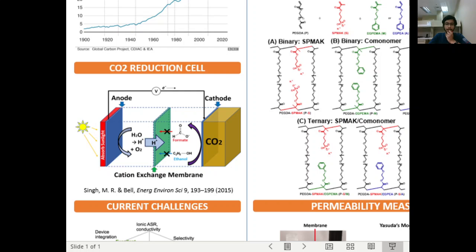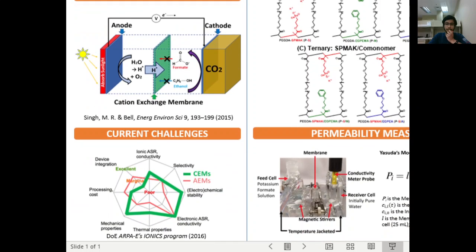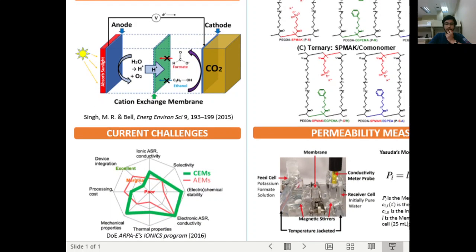CO2 into valuable chemicals. But unfortunately, the membrane suffers from a lack of permeability of necessary ions, while also preventing the permeability of certain CO2 reduced products, which can hamper the efficiency of this device.